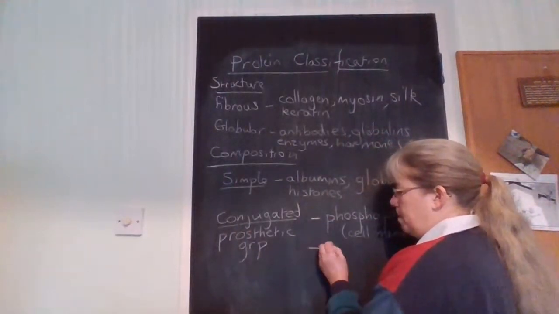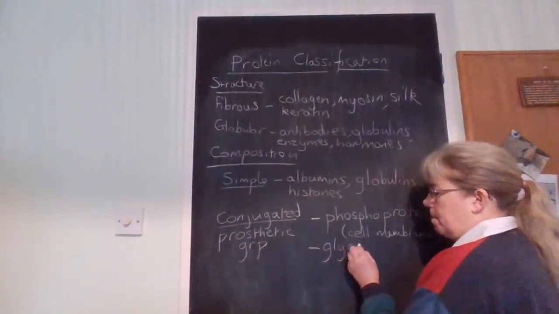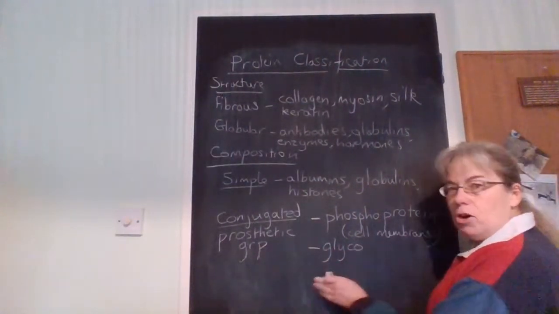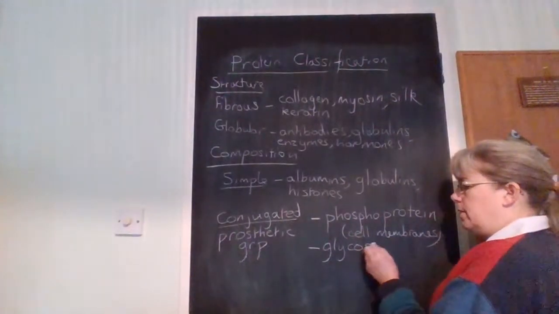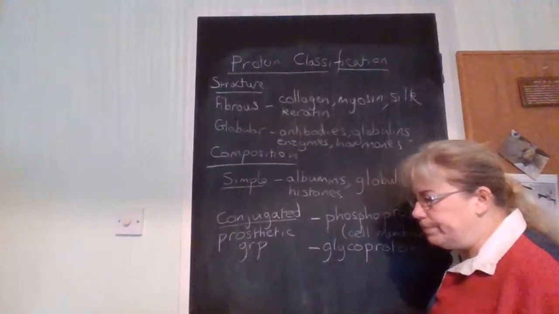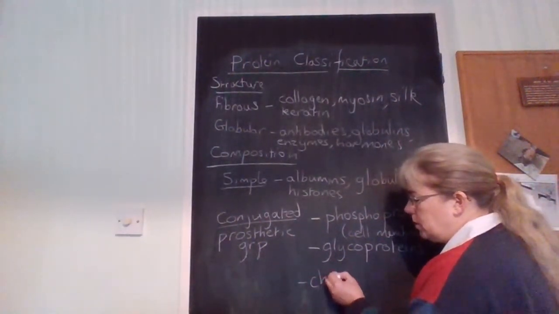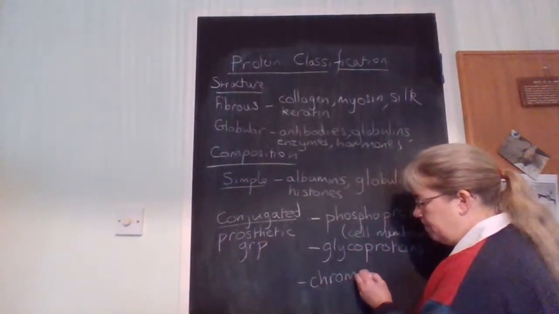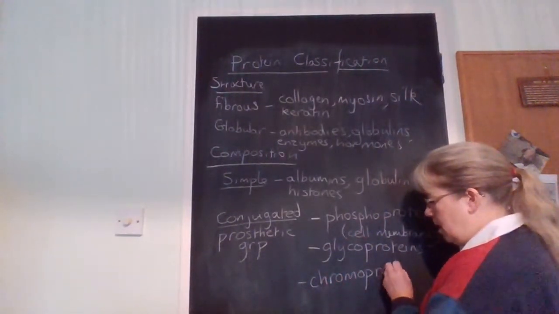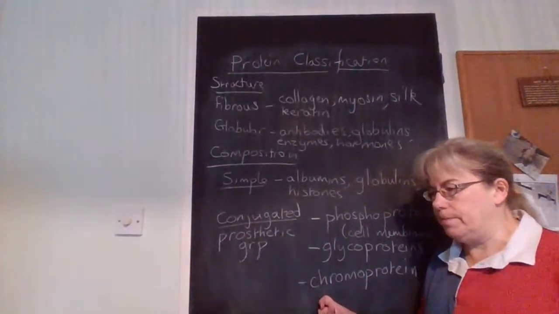Glycoproteins as well, but they're also found generally. You've added on a bit of carbohydrate. They're generally found in cell membranes too. Chromoproteins are the ones that tend to be coloured, as they've got a coloured pigment attached.